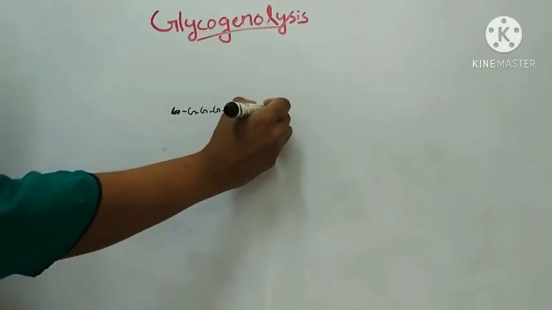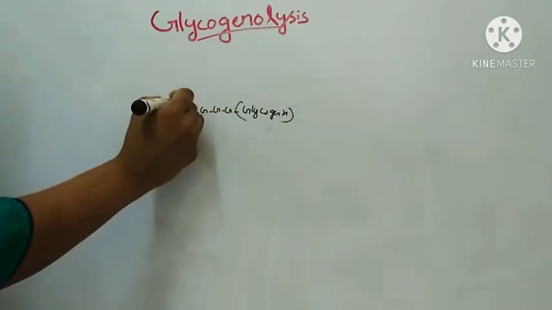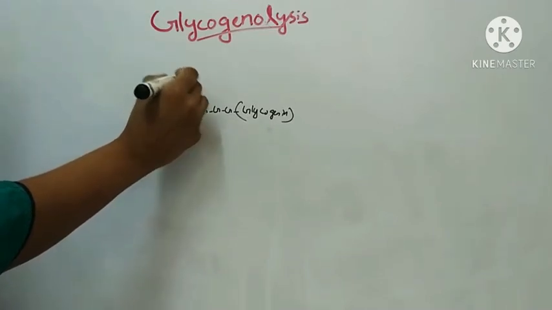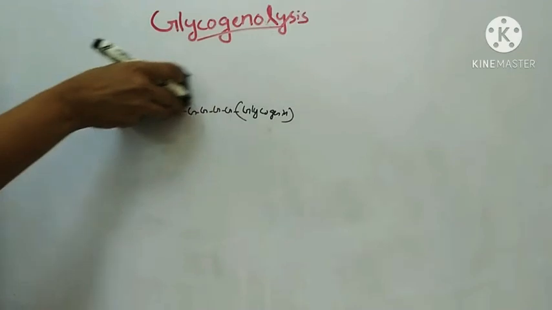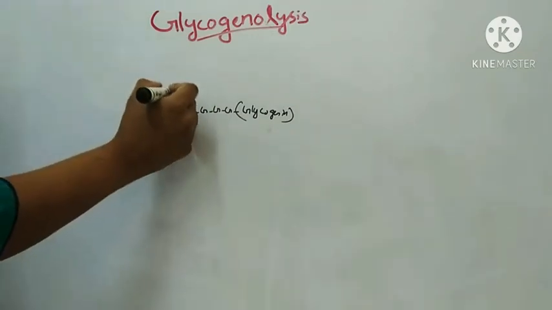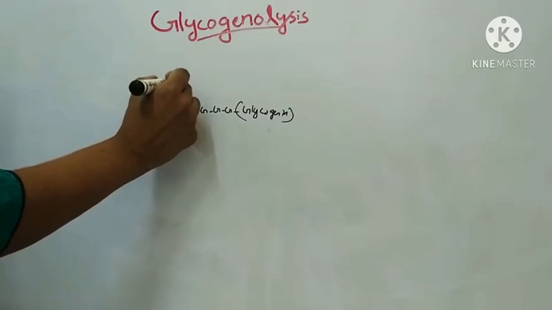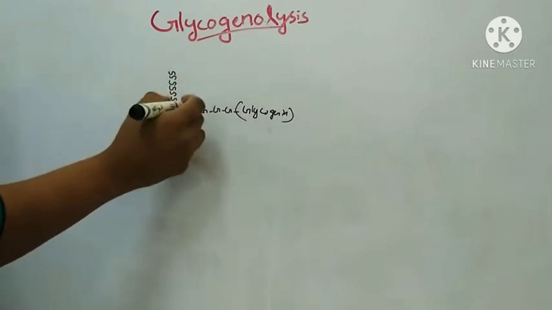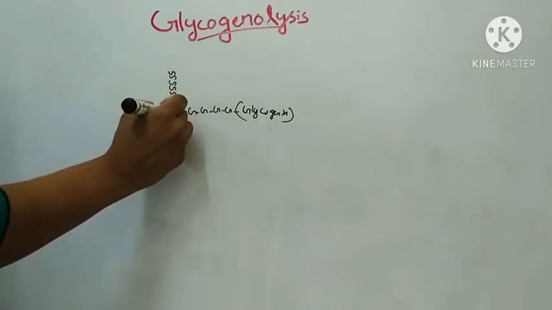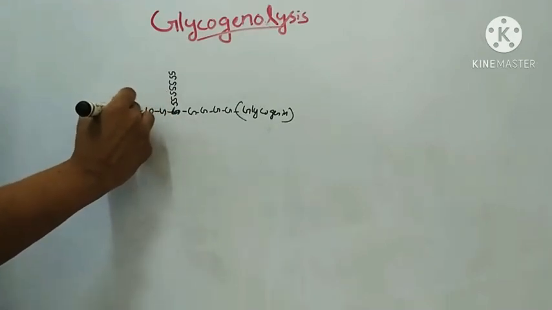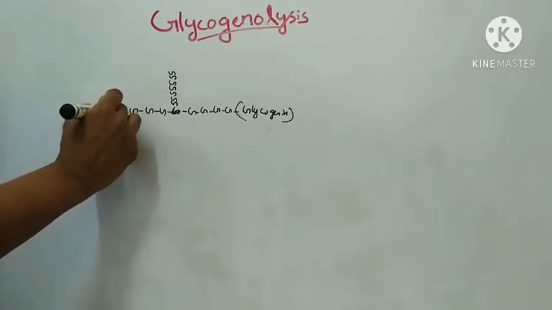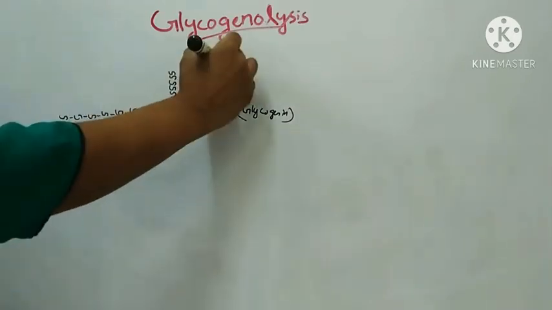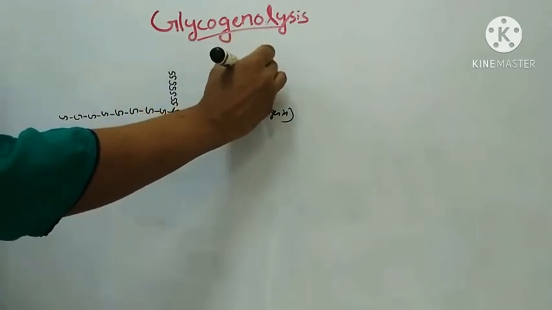This is glycogenin. First step is the phosphorylase step.